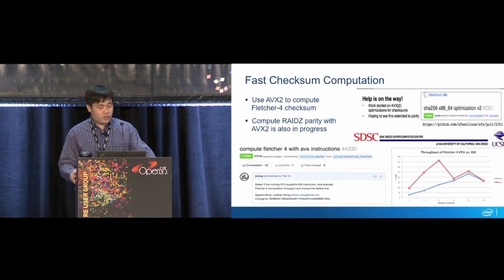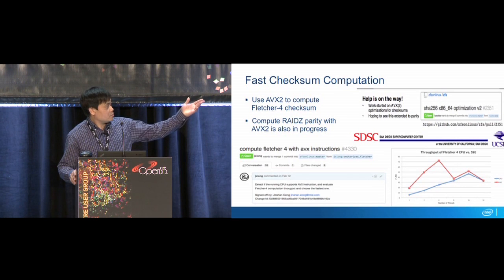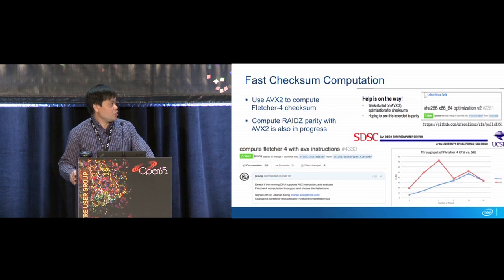Okay, so in the SDSC's presentation last year, SDSC expected to use AVX2 to compute ZFS RAID Z and Fletcher 4. So these all respond to the request.